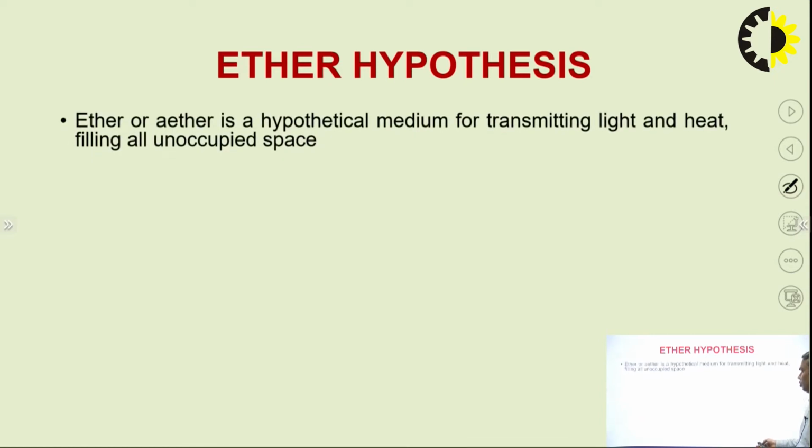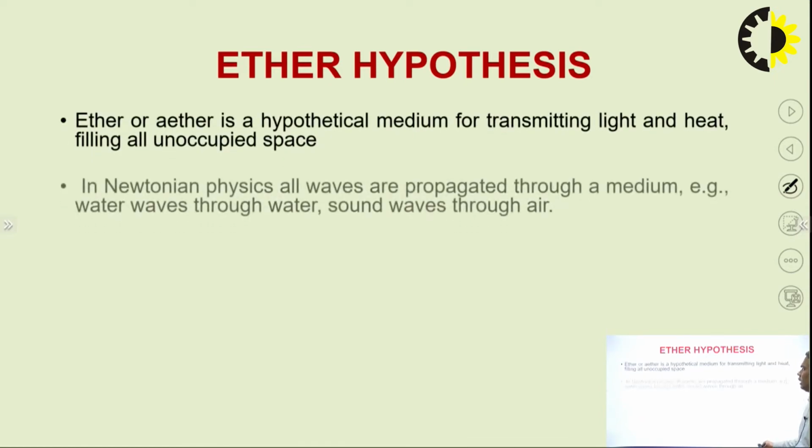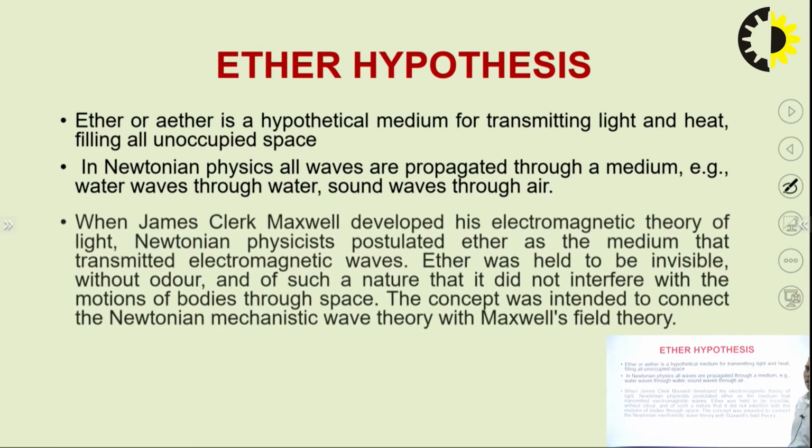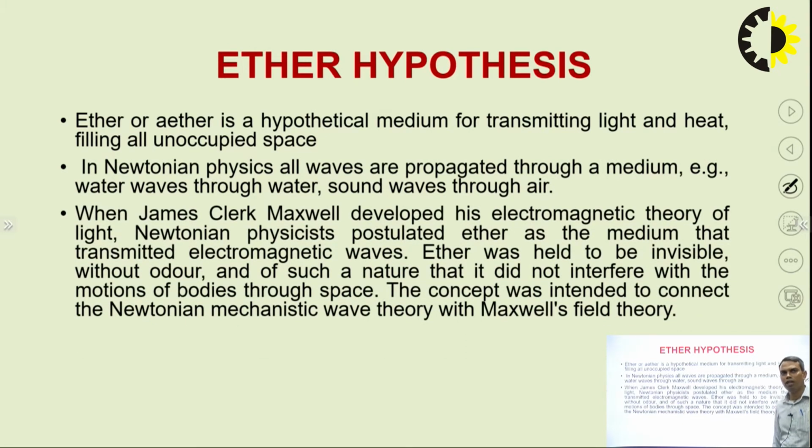So, the ether hypothesis. Ether is basically a hypothetical medium for transmitting light and heat, filling all unoccupied space. It is an imaginary medium, and it was thought that all these planets, earth, sun, moon, are moving in an imaginary hypothetical medium which is known as ether.